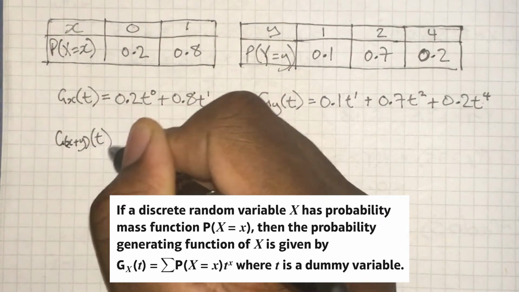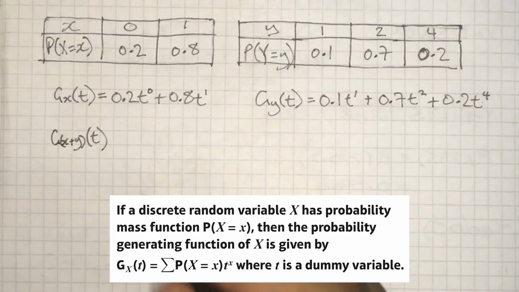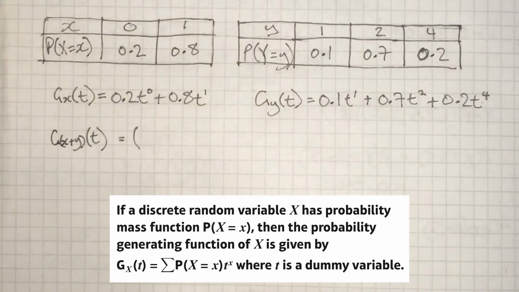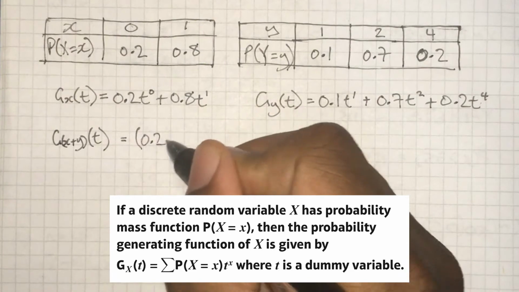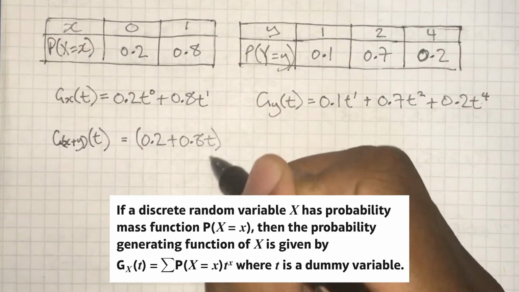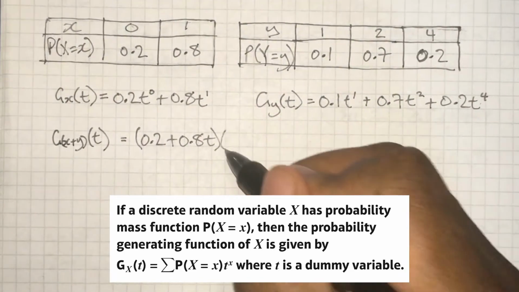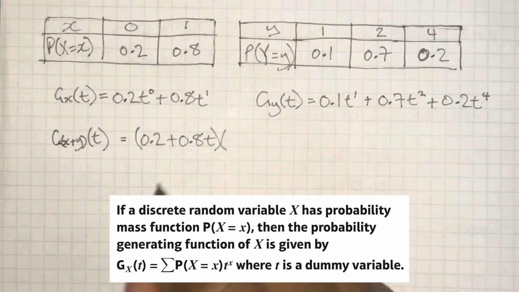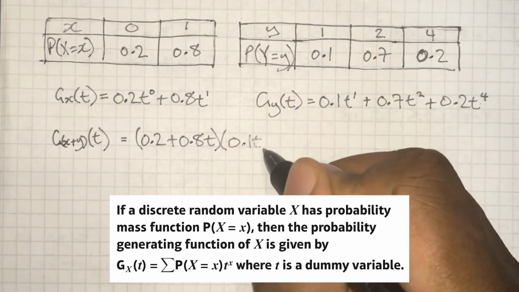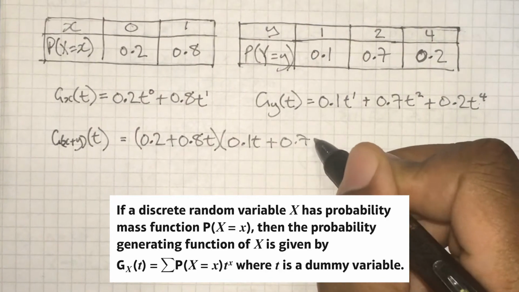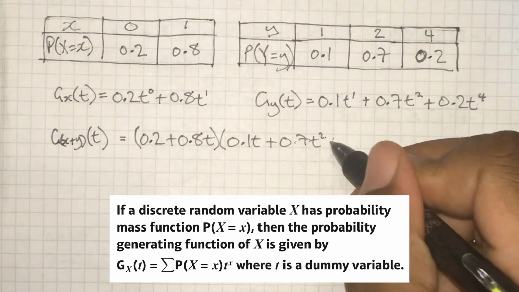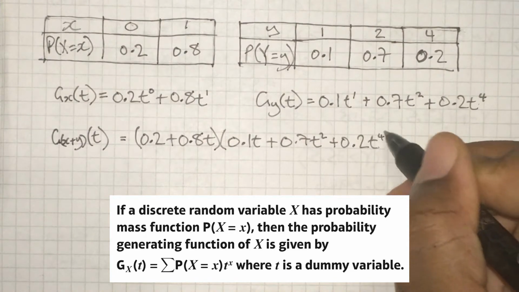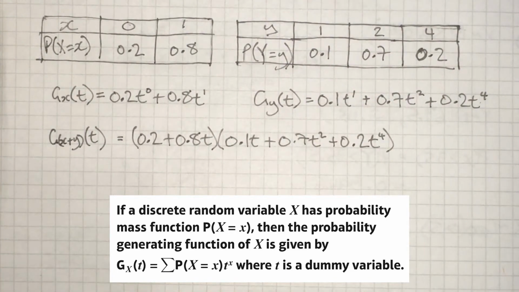So just as an example, I'll demonstrate what we can get from multiplying probability generating functions together. Here I can get the probability generating function that I would get from adding these two distributions together just by multiplying their polynomials. And multiplying polynomials is something you've been doing in pure maths for quite some time.